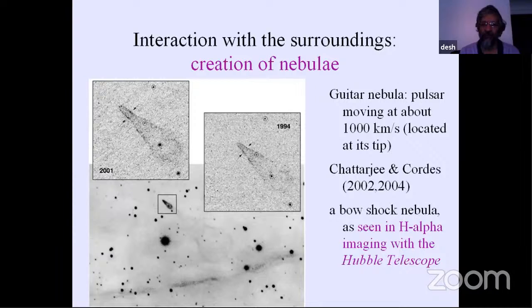So they can be seen in a variety of wavelengths, including in H alpha and at very high energies, X-rays and so on. So one can look at images and actually take the pulsar position and look carefully around it to see whether somebody has missed noting the presence of a nebula around it.